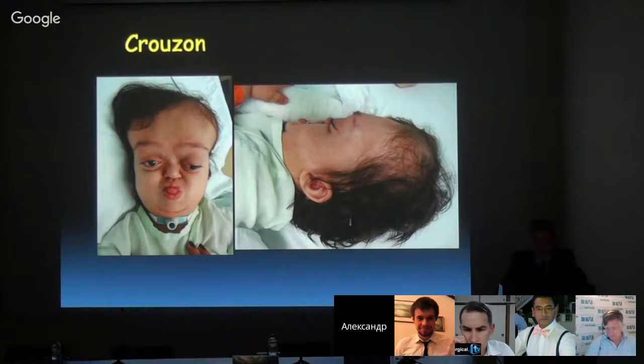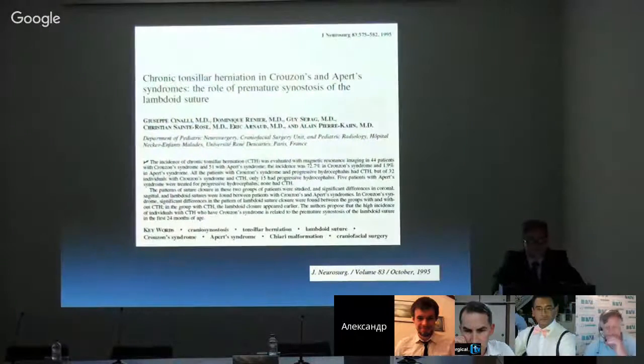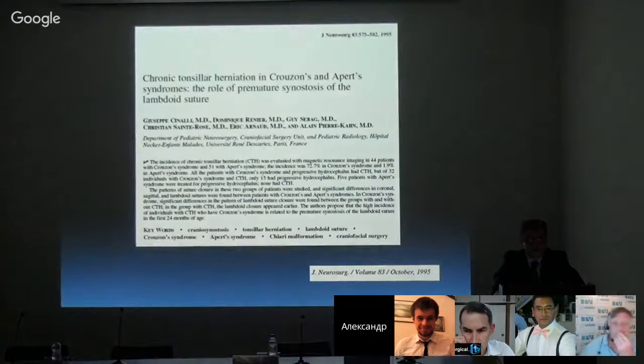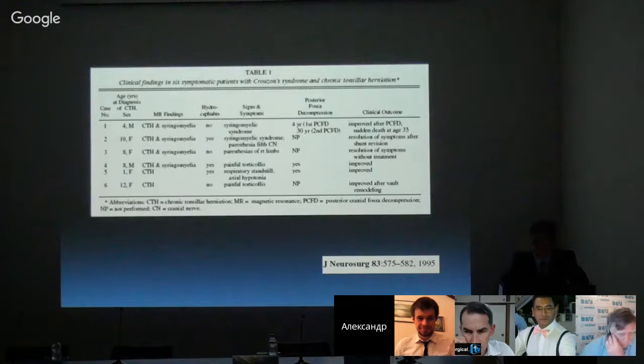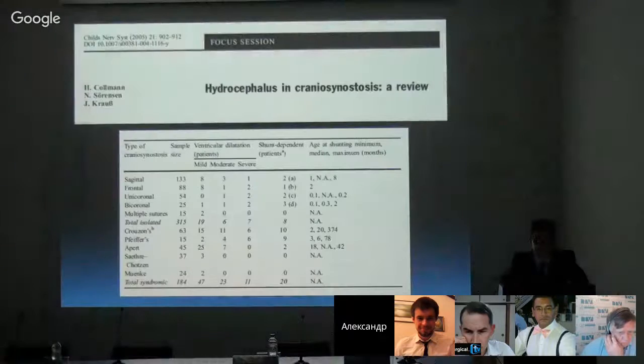But we have another problem. Chronic tonsillar herniation in Crouzon and Apert syndrome. So these patients have hydrocephalus, non-communicating hydrocephalus. And we have syringomyelia too.